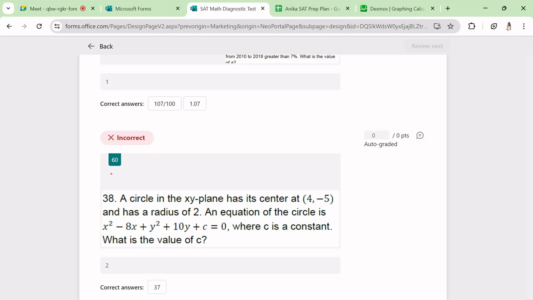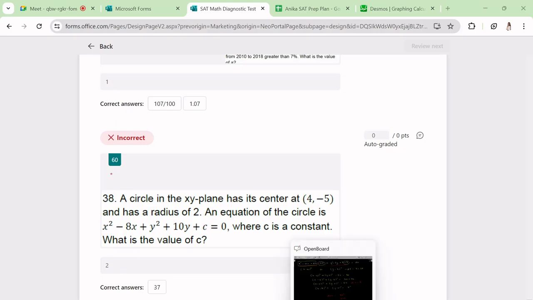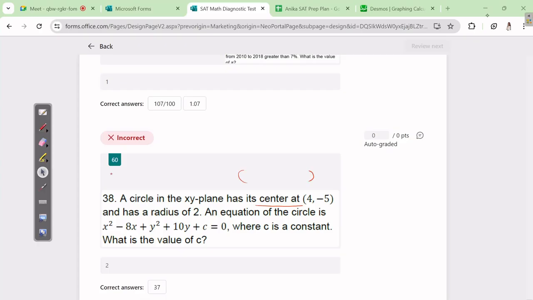So Anika, can you read this question? A circle in the xy plane has its center at 4, comma negative 5 and has a radius of 2. An equation of the circle is x squared minus 8x plus y squared plus 10y plus c equals 0, where c is a constant. What is the value of c? Okay, let me bring out the pen.